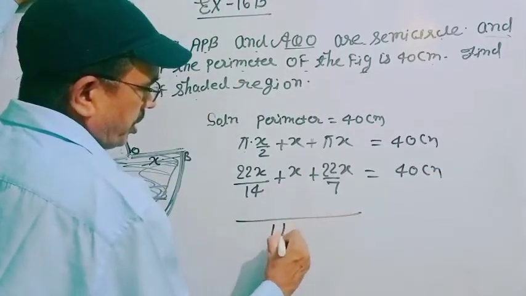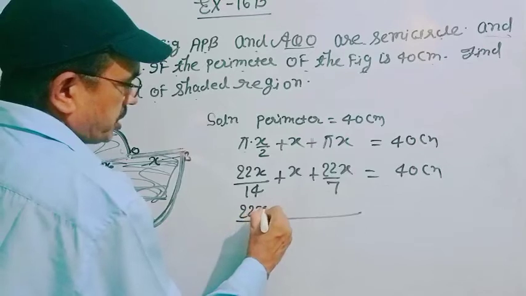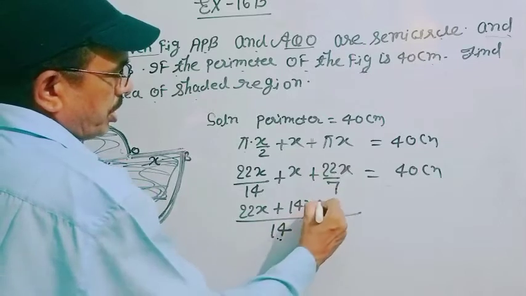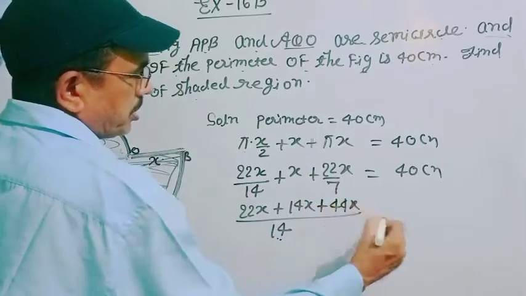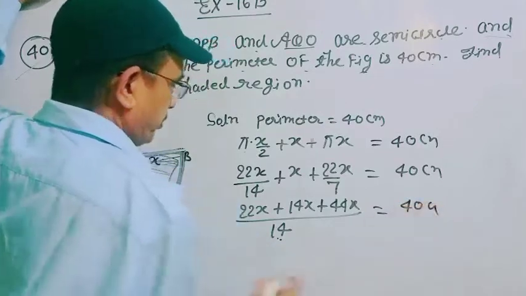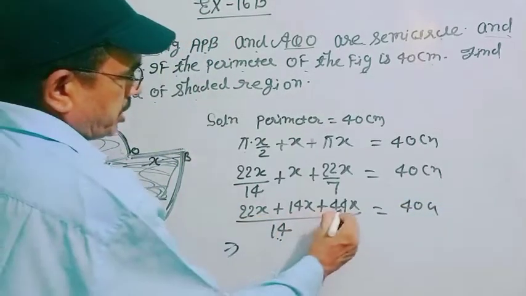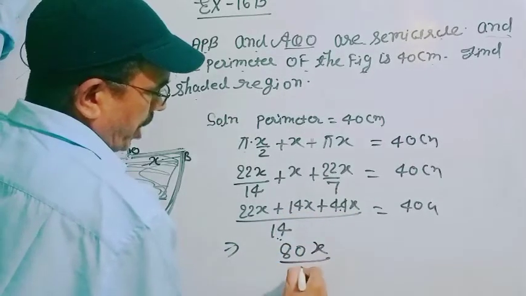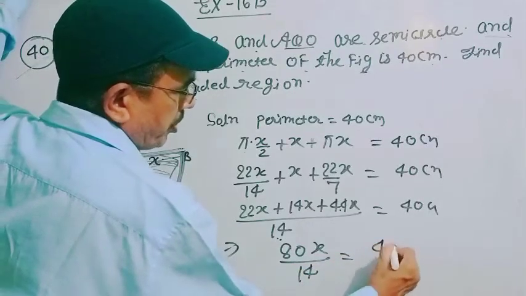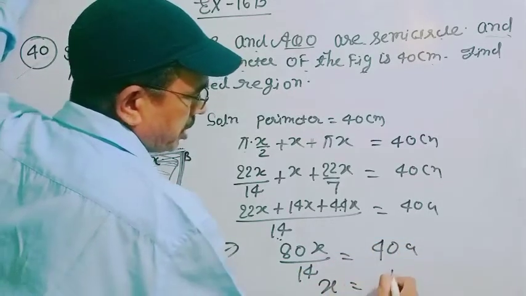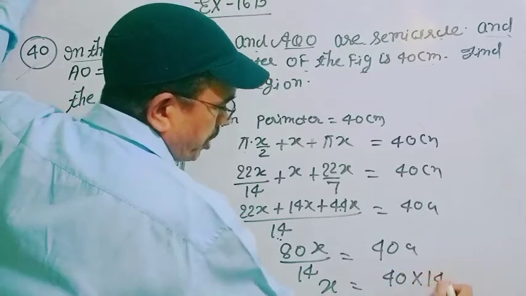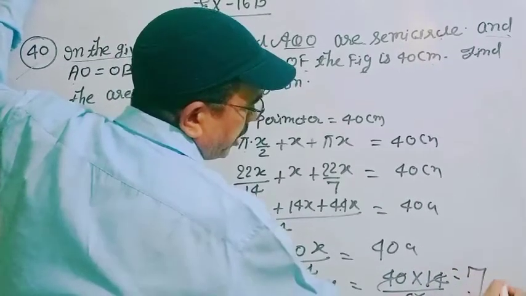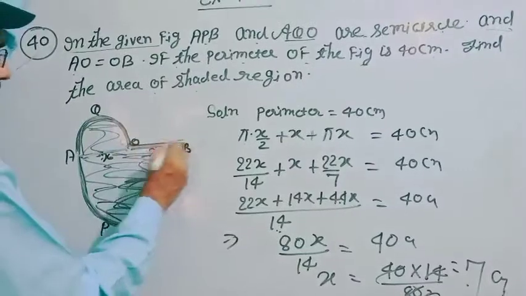Then we write 22x plus 14x plus 44x by 14 is equal to 40, so 80x by 14 is equal to 40. Then x is equal to 40 into 14 by 80. That means the value of x is 7.